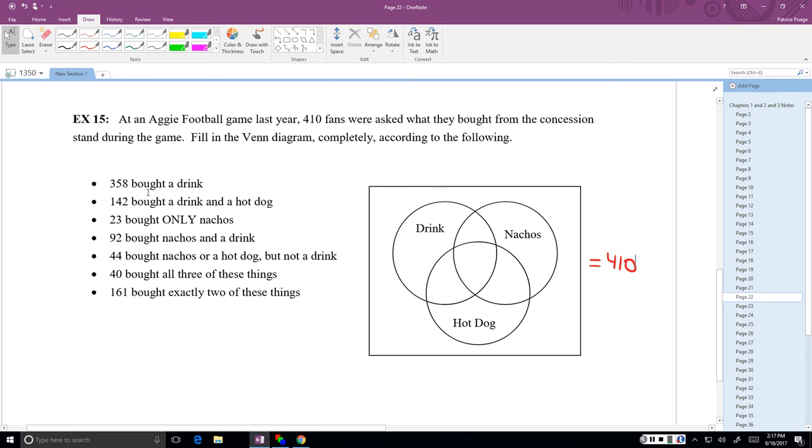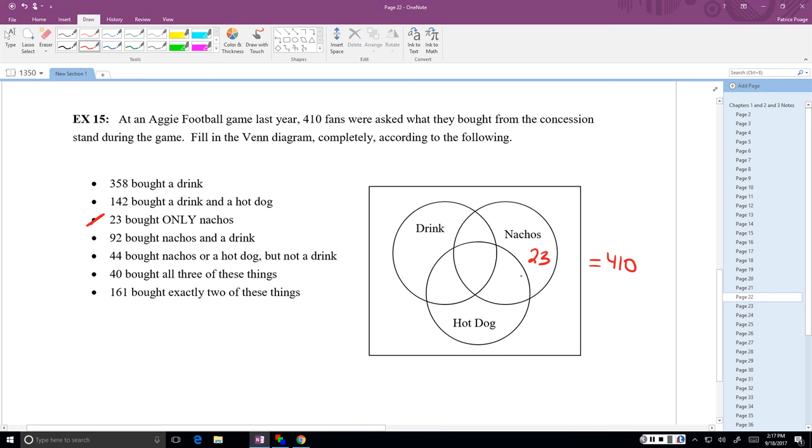Can't do it. 142 bought a drink and hot dog. So these two right here. Can't do it. 23 bought nachos only. That one I can do. Okay, so let me back up a second.